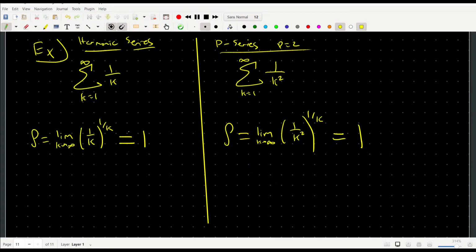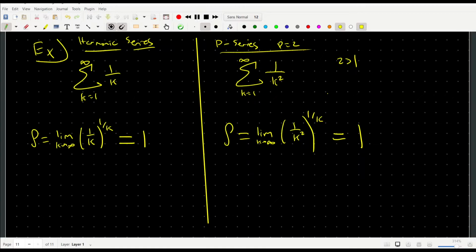Luckily, we know from our previous investigations, specifically using the integral test, that the harmonic series diverges, and the p series converges with p equal to 2, because 2 is greater than 1. But the root test fails for these two examples, and will fail for any p series type example, which is the same thing that we observed for the ratio test.